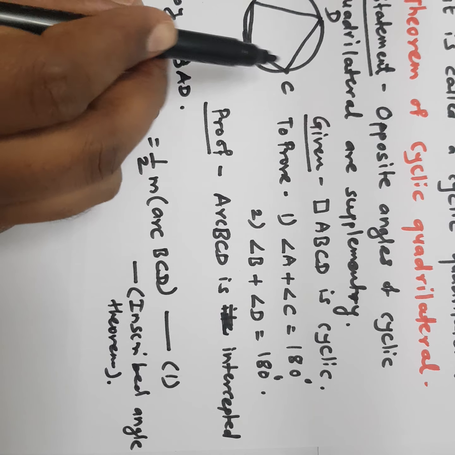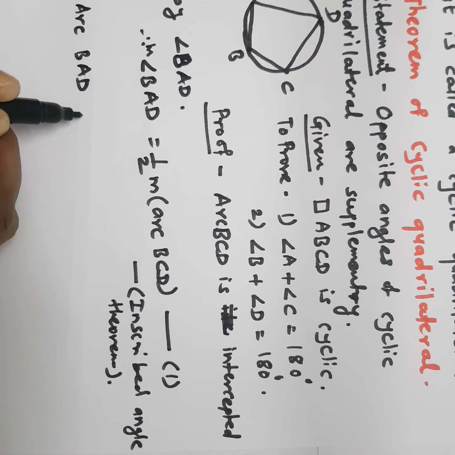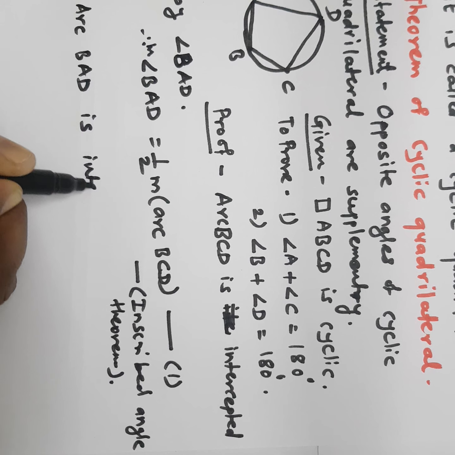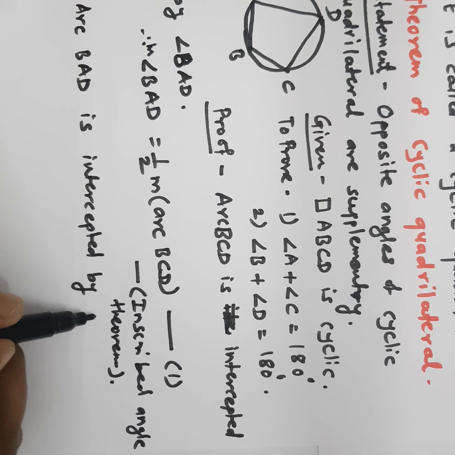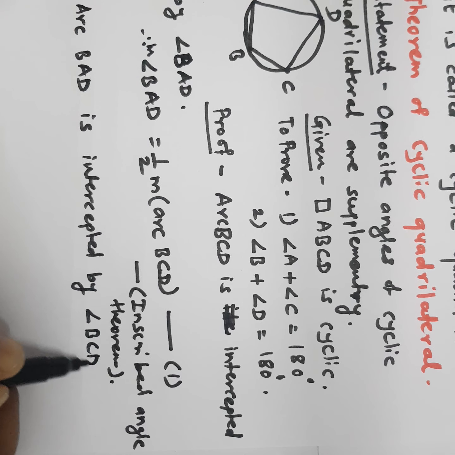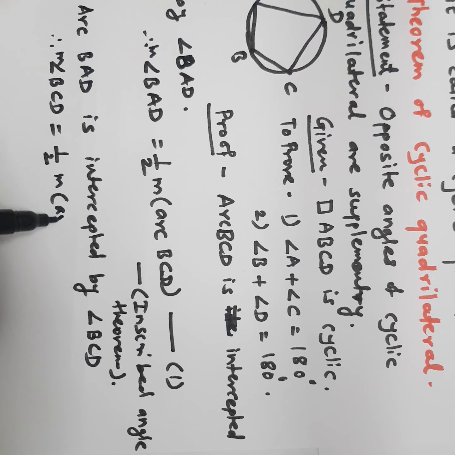Then its opposite angle is C, that is angle BCD, and arc BAD is intercepted by angle BCD. Therefore, the measure of angle BCD is equal to 1/2 the measure of arc BAD.